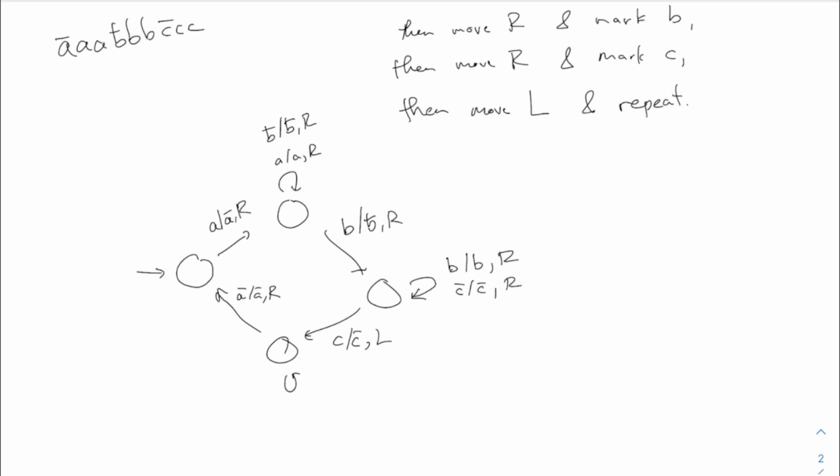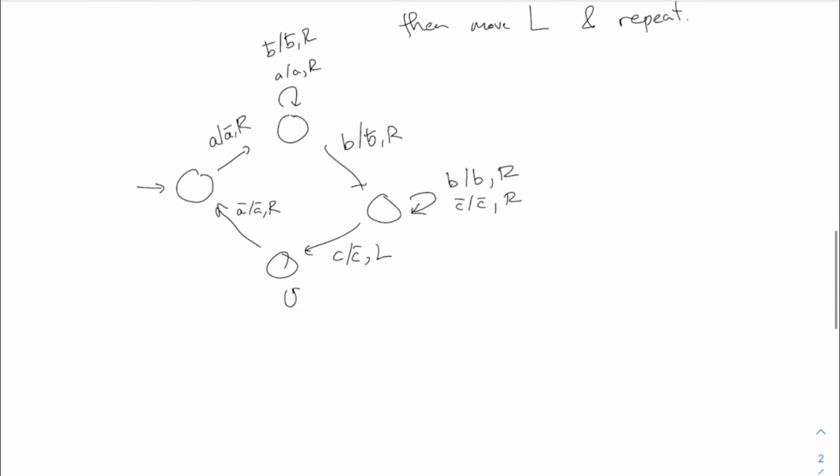So there's going to be many labels on this arrow: C bars, Bs, B bars, and As. Those are all the different letters that you might have to push through as you're moving to the left. All right, this is basically it.